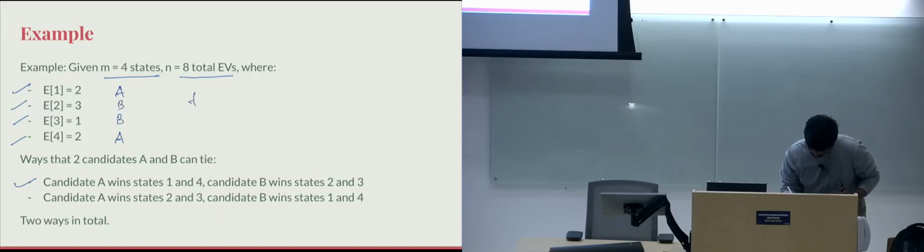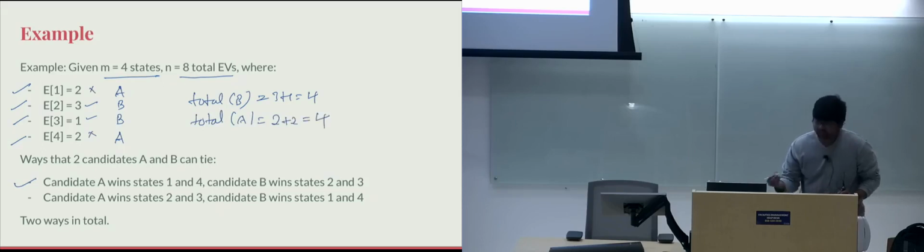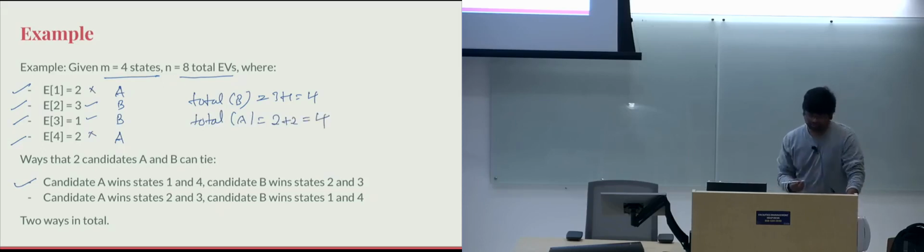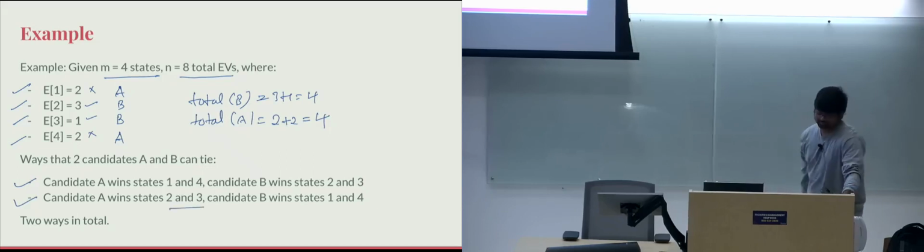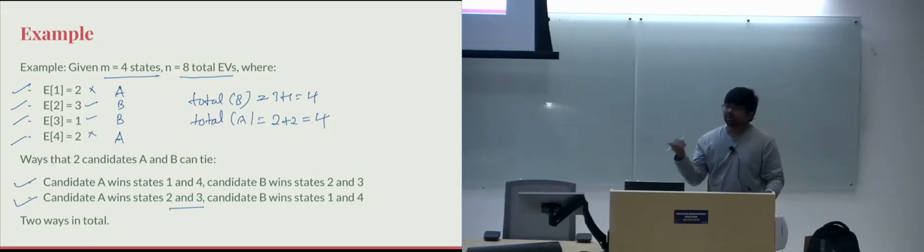So total votes for B is this plus this, 3 plus 1, and total votes for A is 2 plus 2. So they are tying there. And similarly, the mirror case of that: instead of winning states 1 and 4, you win states 2 and 3, and B will win states 1 and 4. So the total number of ways is 2 here.